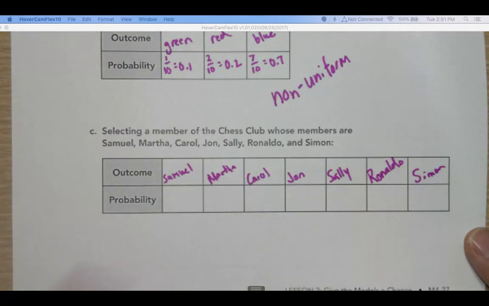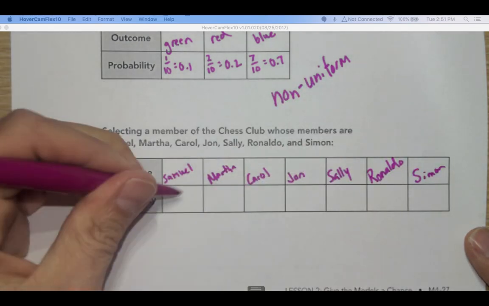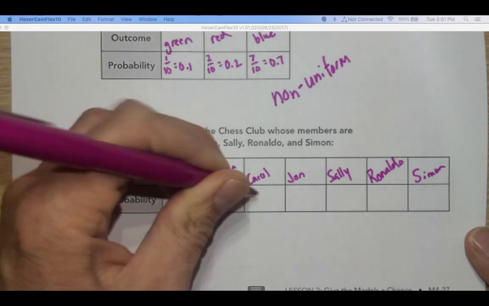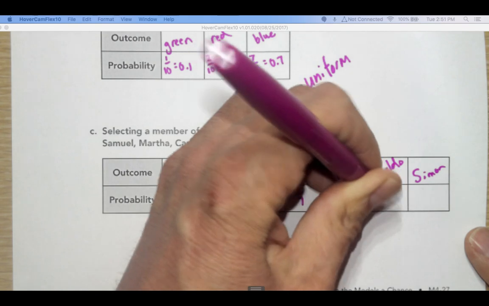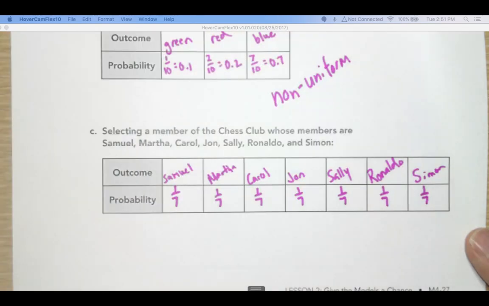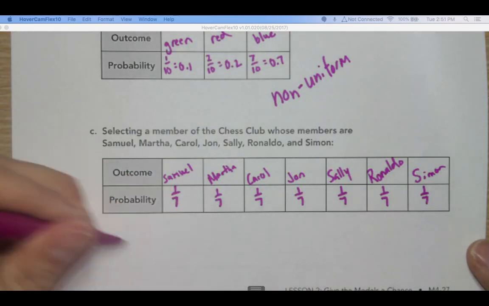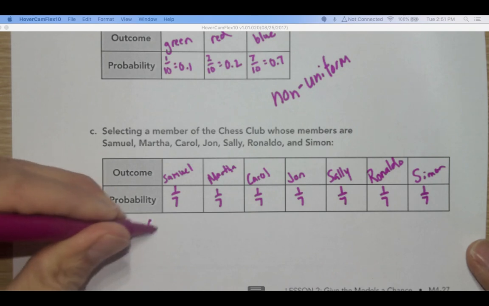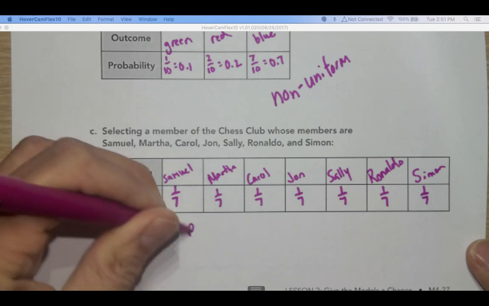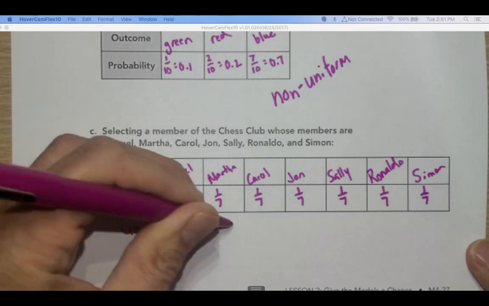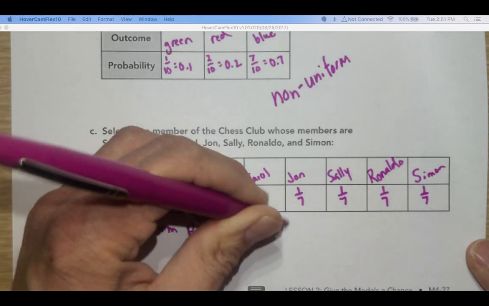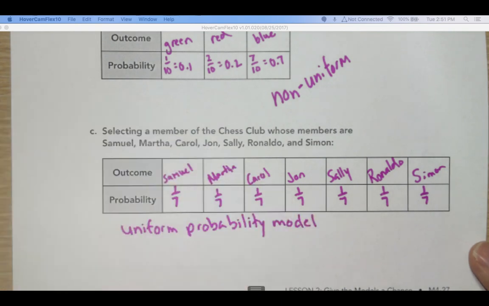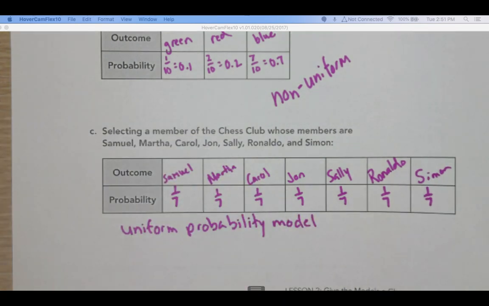Selecting a member would be 1 out of 7 for each. They'd all be the same, so that is a uniform probability model. So it's uniform when it's all the same. It's non-uniform when it is different.